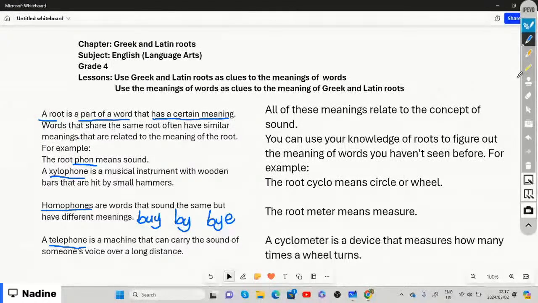But if you put those two words together, as in cyclometer, then a cyclometer is a device that is used to measure how many times a wheel turns.